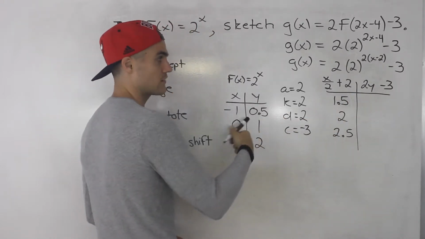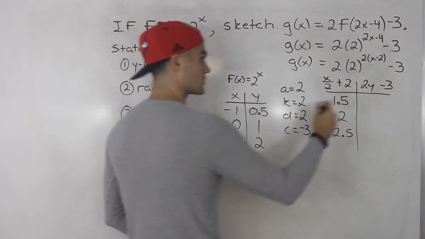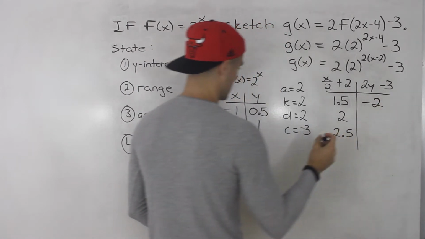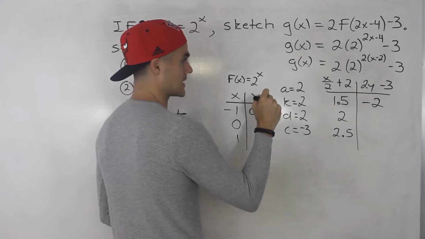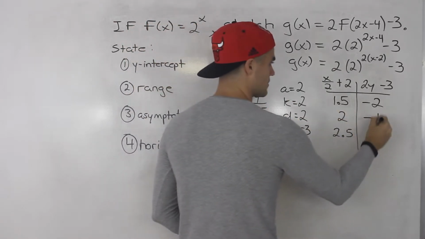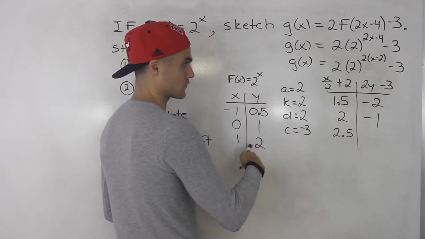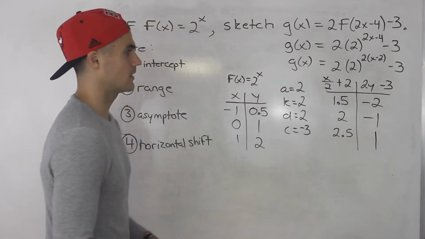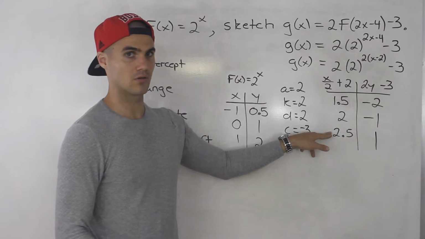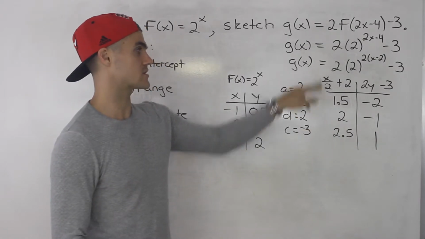So 2 times 0.5 is 1, minus 3 gives us -2. And then 2 times 1 is 2, minus 3 is -1. And then 2 times 2 is 4, minus 3 gives us positive 1. So this here is the table for this transformed function.